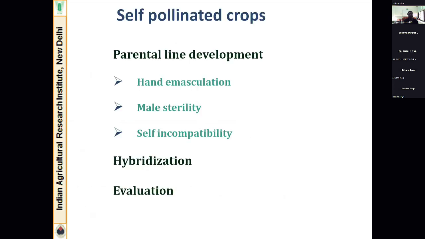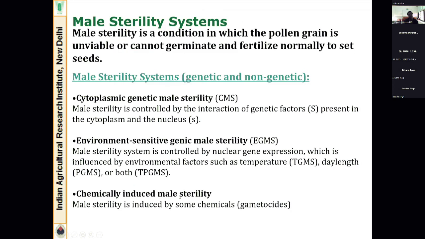In self-pollinated crops, for development of hybrids, there are 2 steps: parental line development, which may be done by hand emasculation or using male sterility or a self-incompatibility system, and then hybridization of male and female parents and evaluation of hybrids. So male sterility systems may be either genetic or non-genetic.